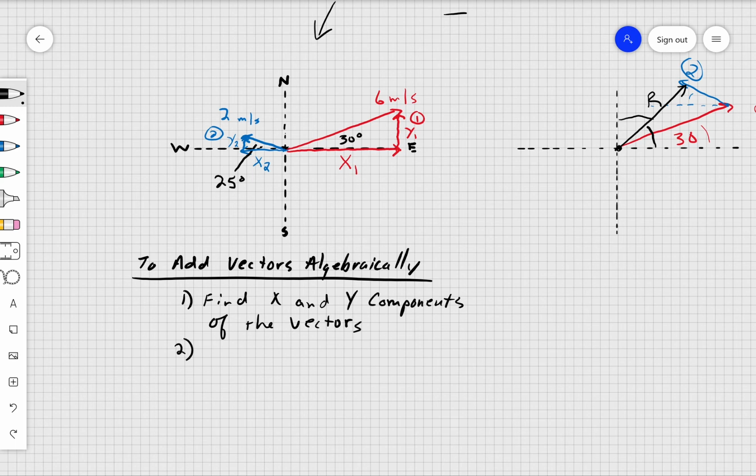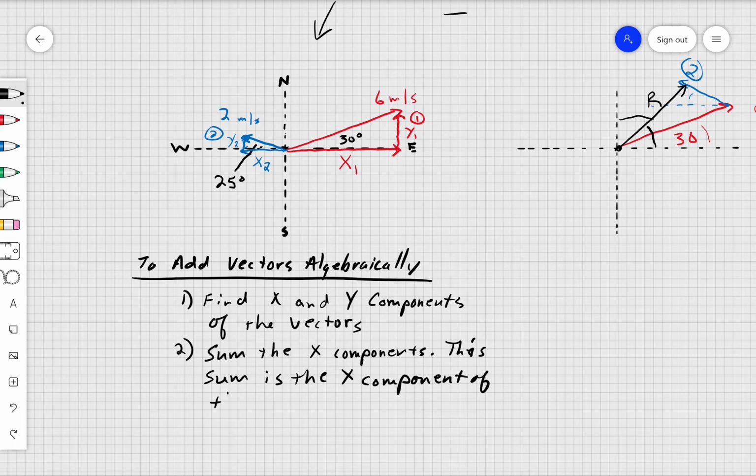Then we want to sum the x components. This sum is the x component of the resultant. And then we need to do the same thing, ditto, for the y components.